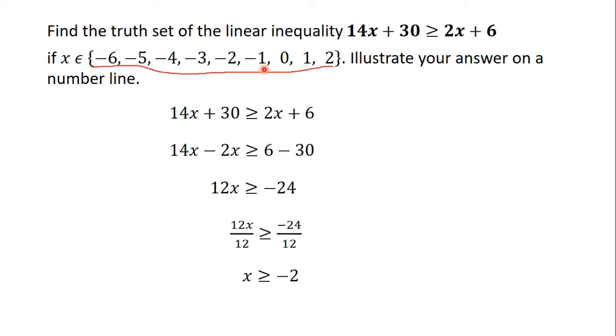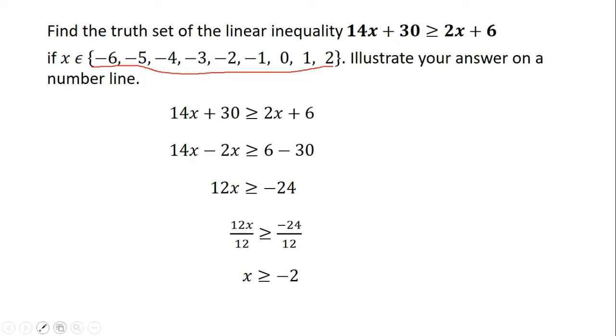But here the set has been defined for us. The set is telling us that the value of x that you find is in this set. So the answers for x are numbers in this set that are greater than or equal to -2.